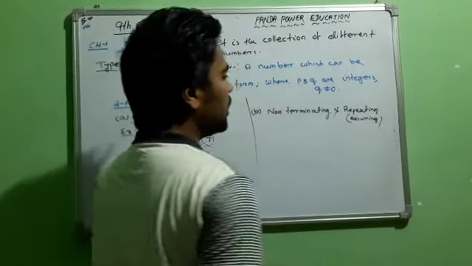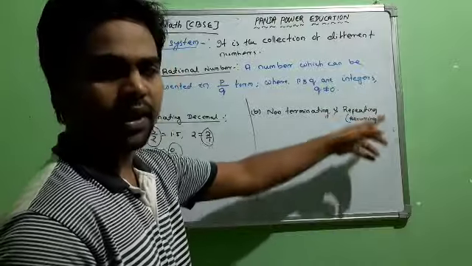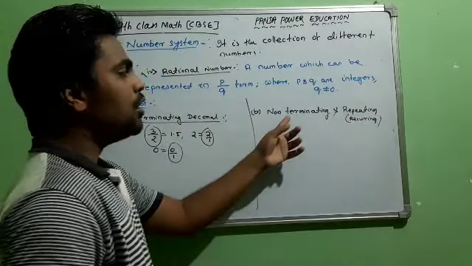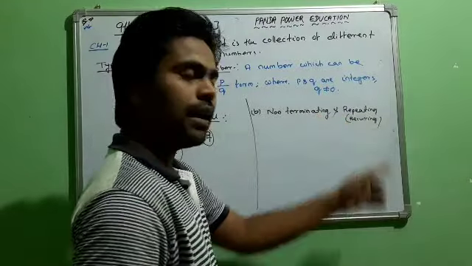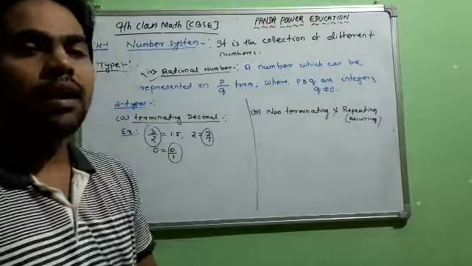In your textbook it is given as recurring or repeating. Recurring means repeating. If the decimal is non-terminating and repeating, that number is also called a rational number.